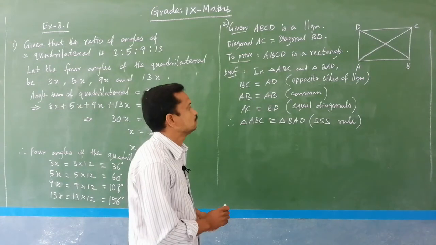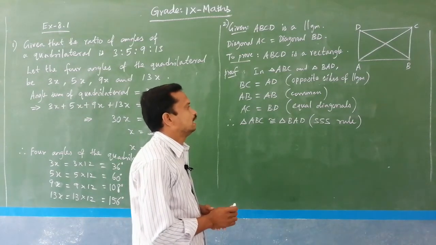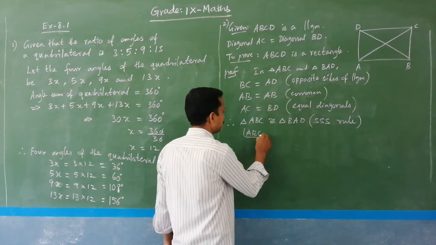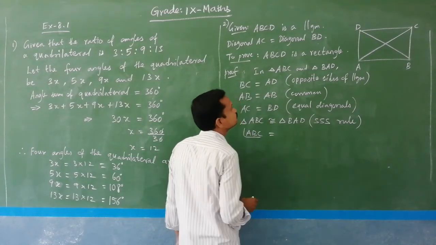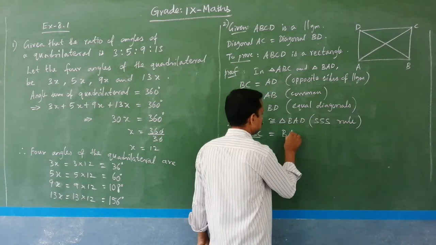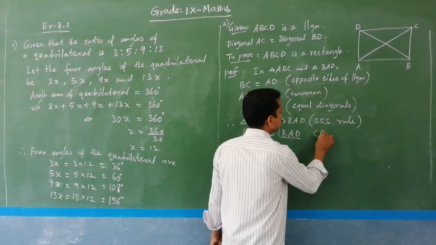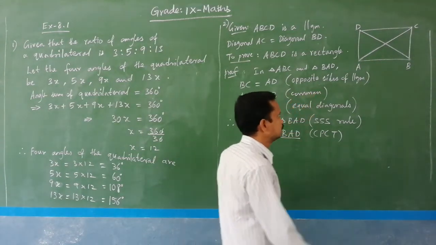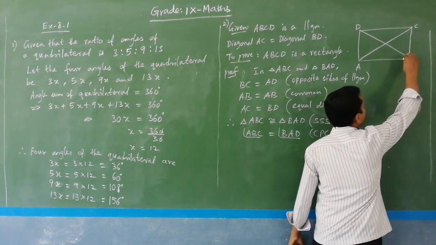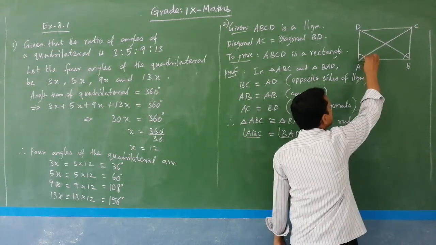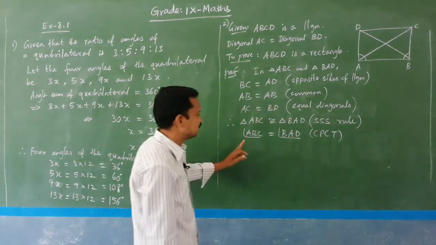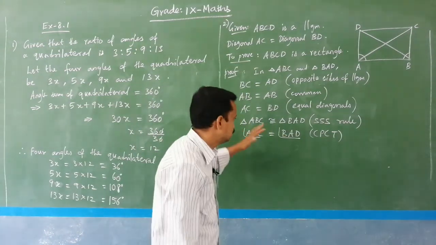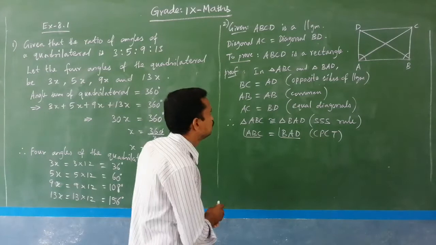After saying congruent, you see angle ABC is equal to angle BAD by CPCT. Angle ABC from triangle ABC, angle BAD from triangle BAD, they are equal by CPCT we can say.